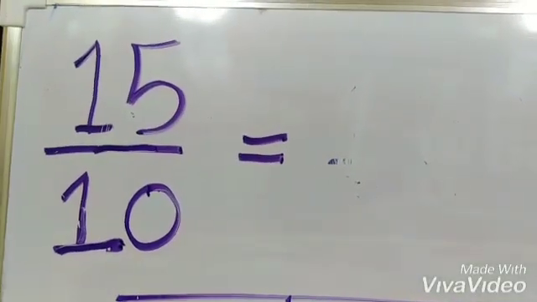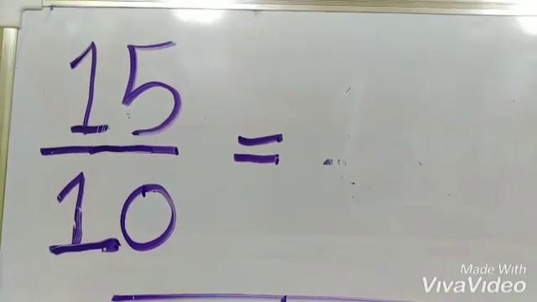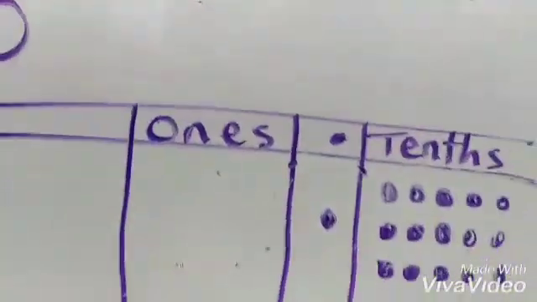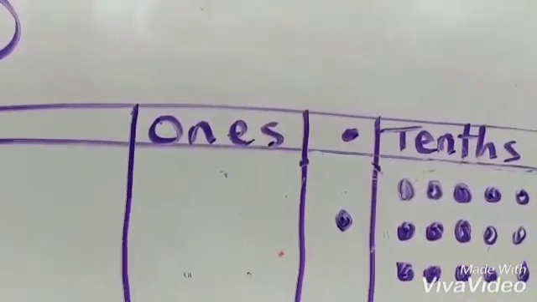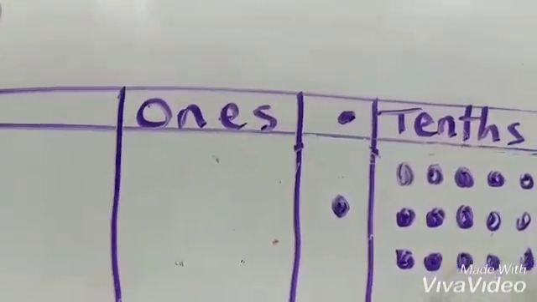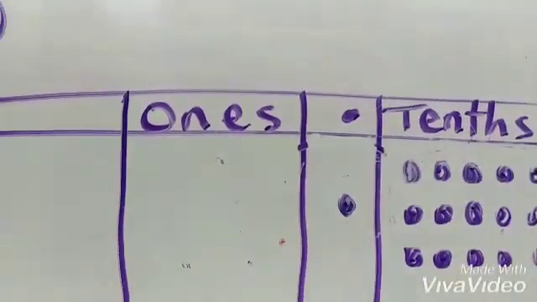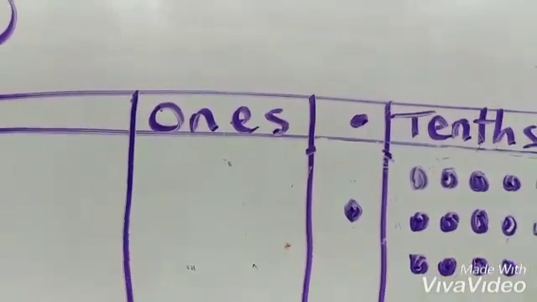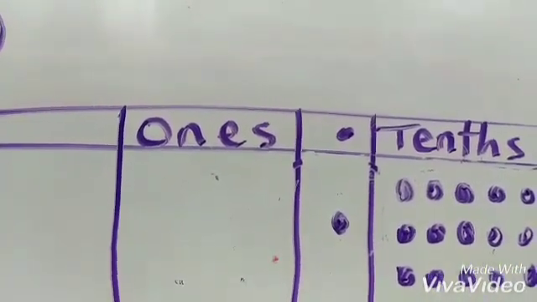Now how can we write the fraction 15/10 as a decimal? Again, we can use the place value table to show the 15/10. 15/10 will come in the tenths place in the place value table. Remember that 10/10 equals 1 unit.